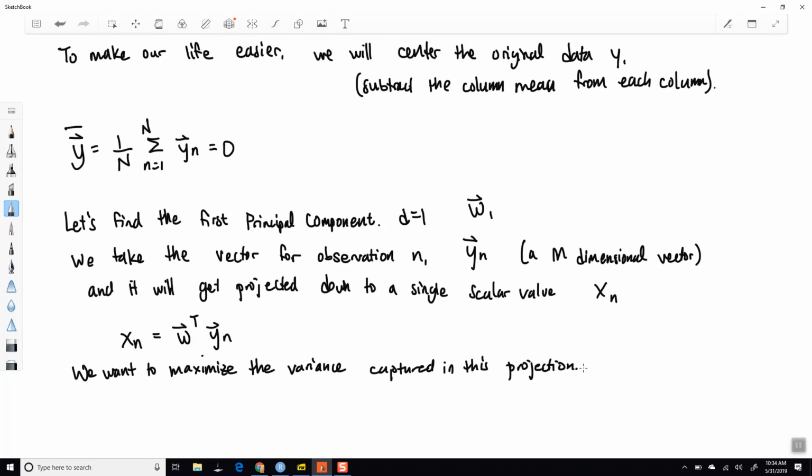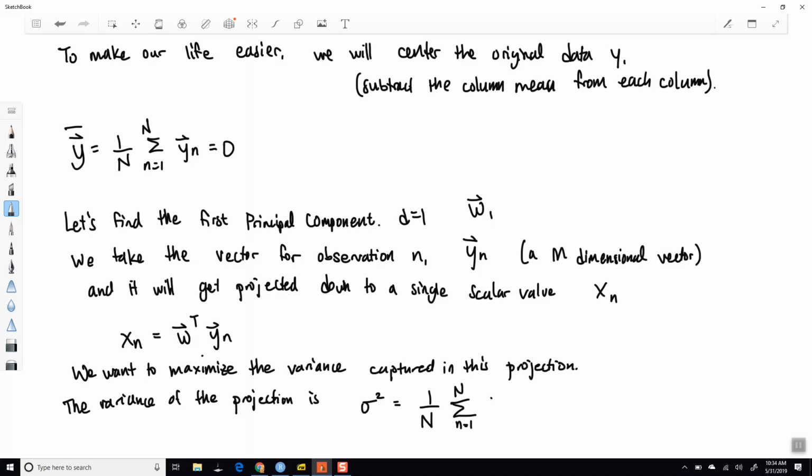So the variance of this data, the variance of the projection, is sigma squared. And how do we calculate the variance of the projection? Well, I'm going to just do 1 over N rather than N over N minus 1.